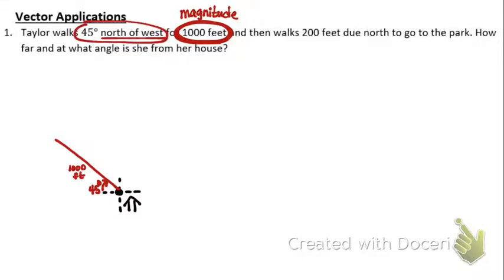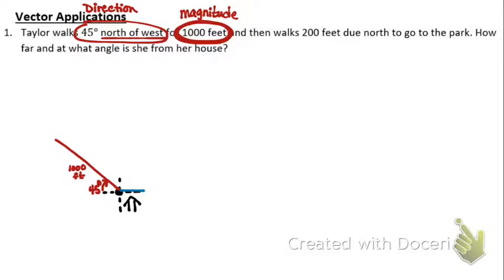That's the direction. When I go to write a vector, I need to enter my angles like unit circle angles. So I need to be measuring them from that positive x-axis. So if I'm going to use this in my problem, I don't care about the 45 degrees. I need this angle.